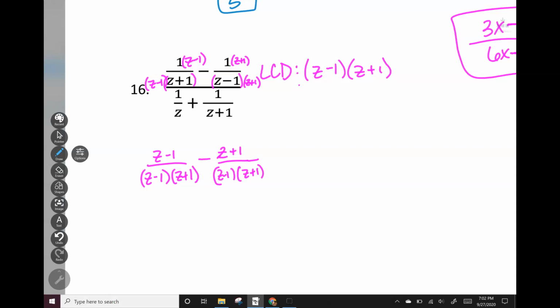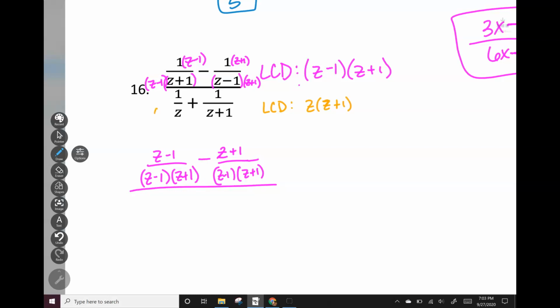Cool, so the common denominator is good in the first one. We need to do the same thing for the bottom, so the LCD is going to be z times z plus 1.